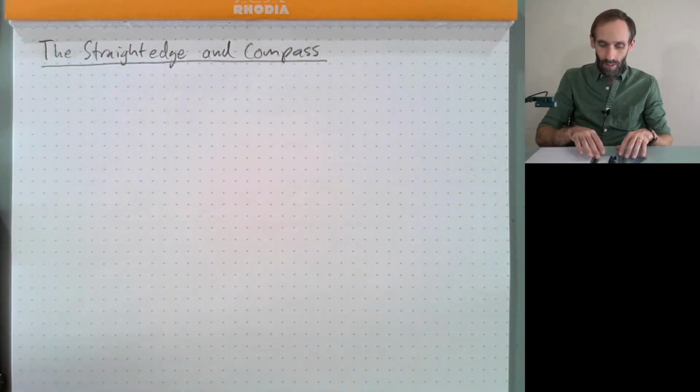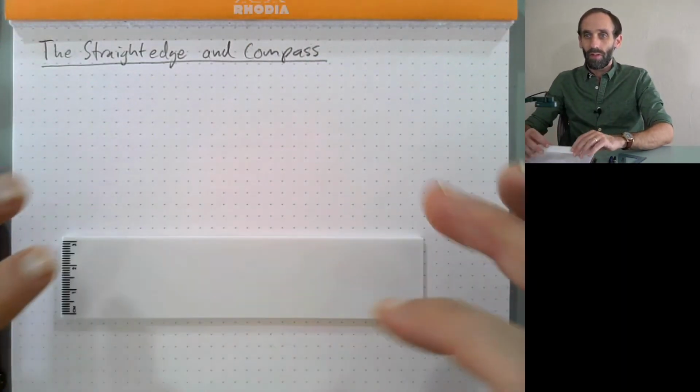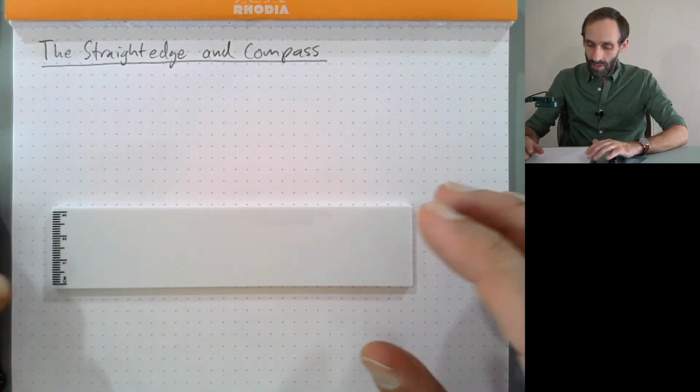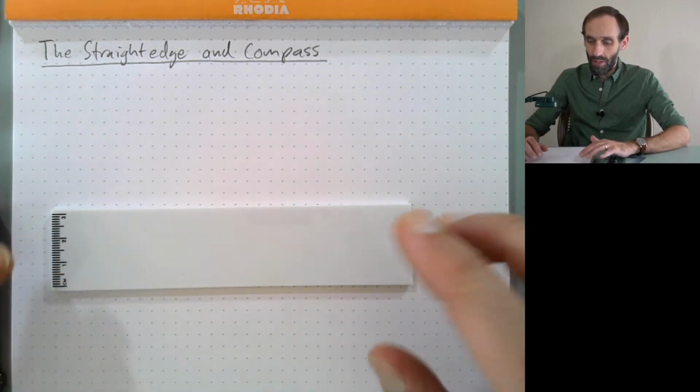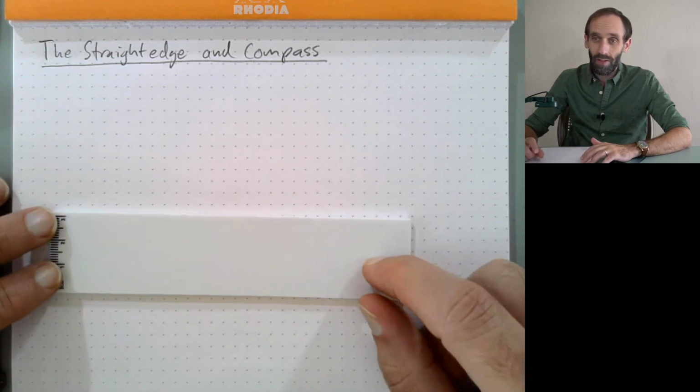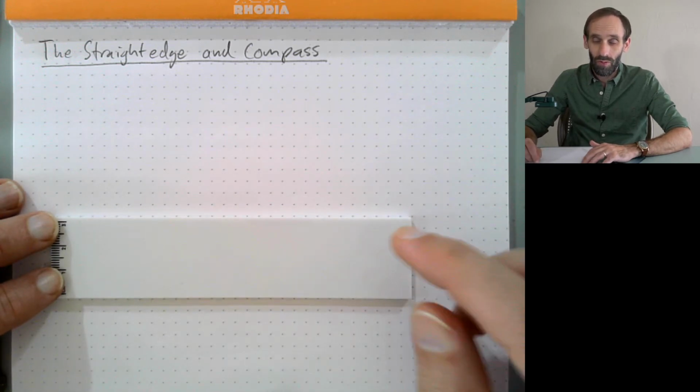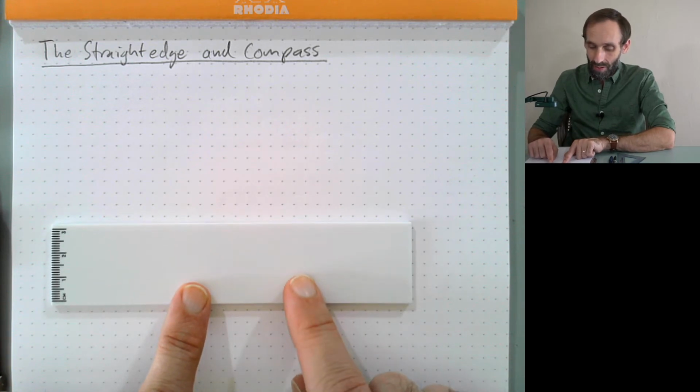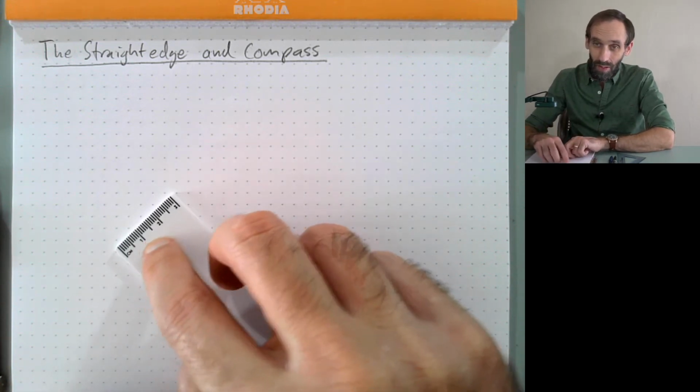First of all, we have the straight edge. Now, in ancient Greek geometry, it was specified that this would be an unmarked straight edge when we're doing constructions. One reason why I like this particular one is it has the ruler part on the short side.